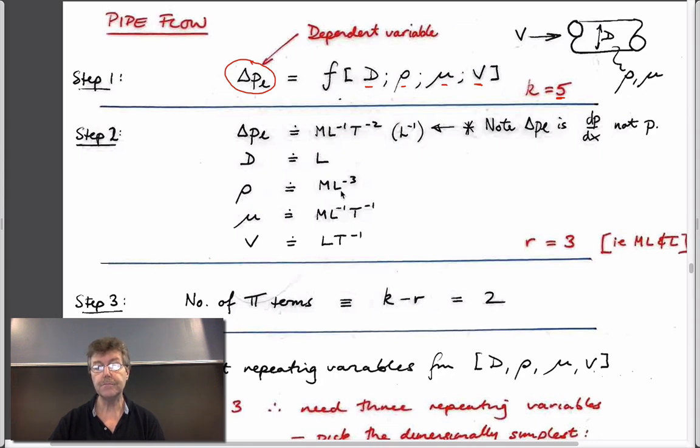Density is mass per unit volume. Viscosity is Pascal seconds. A Pascal is equal to force over length squared times seconds, and force is equal to mass times acceleration. Let's do it in the right units.